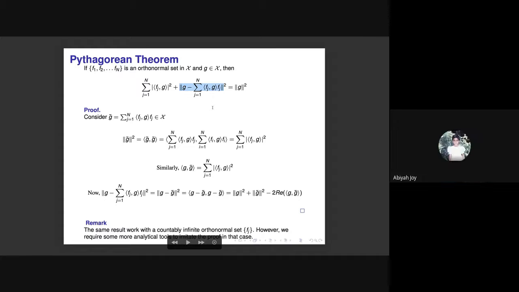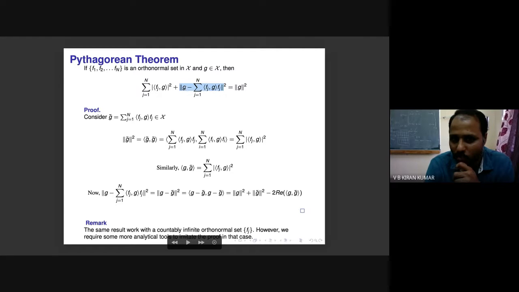So this is 0 means norm of g minus, with n equal to 1 here, inner product f1g f1 should be 0. By the definition of inner product, that happens exactly when whatever is inside is 0. Inside that, we have g minus inner product f1g f1.